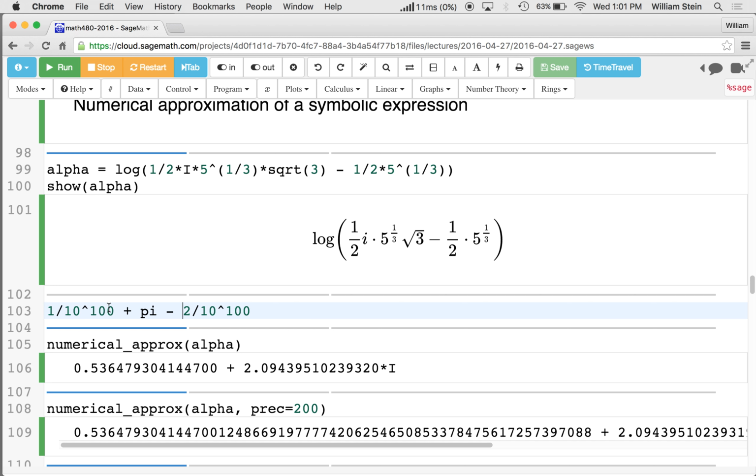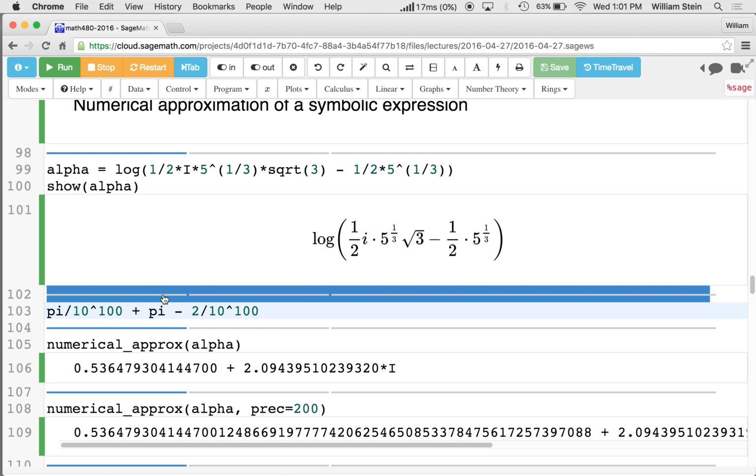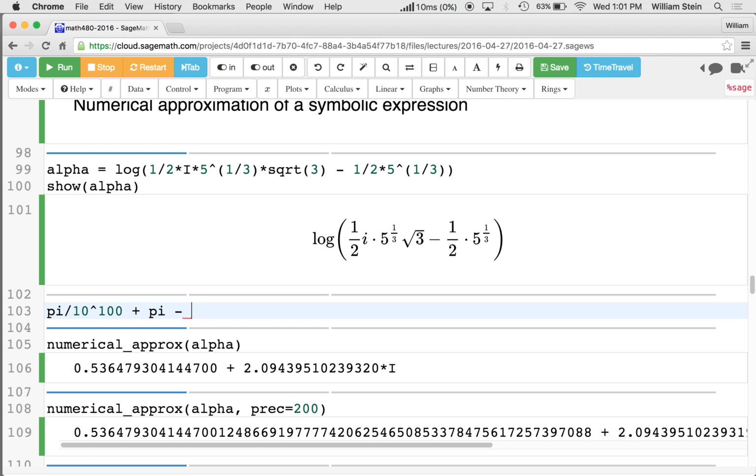I know, I'll do it with pi. So pi over 10 to the 100 plus pi minus e times 10 to the 100. There's just a very wide range of values represented here.